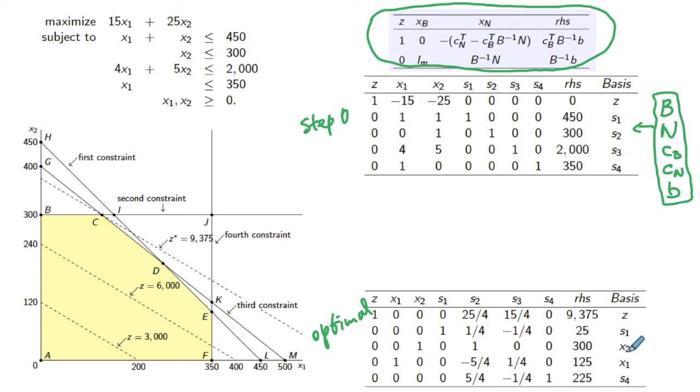They're S1, X2, X1, and S4. So for me to construct the matrix B, all I need to do is go back to step 0 tableau and extract the corresponding columns from step 0 tableau. So we had S1 was one of the basic variables, then X2 was the second one, X1 is one more basic variable, and S4 is the last one.